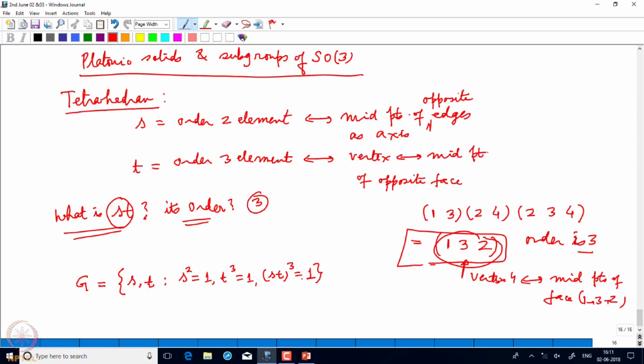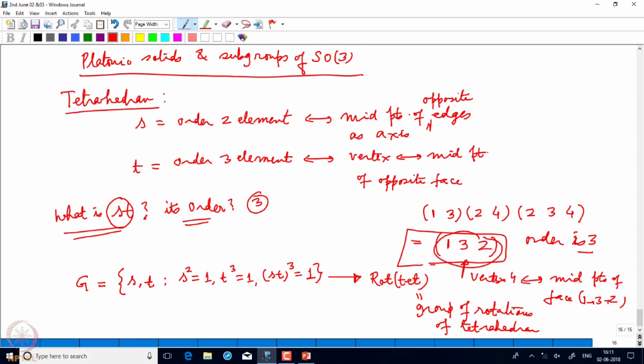And by doing all this, what we have obtained is actually a homomorphism from this group to the group of rotations of the tetrahedron.